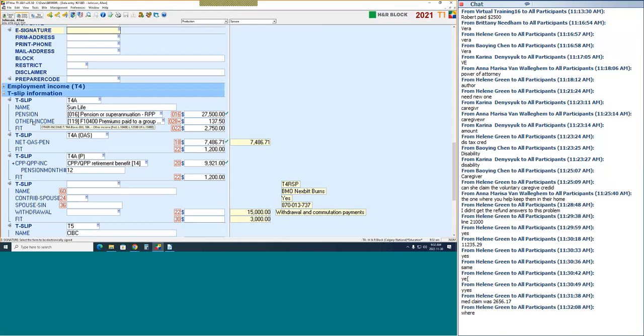So in the T4A Sun Life, on whatever his name is, Alan, I think. T4A for Sun Life, other income needs to be box 119, not 118. If that's different. Life insurance is not a medical expense.